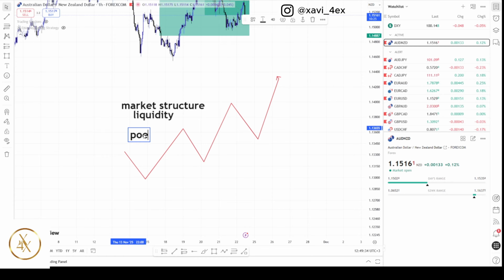point of entry. Some people call it point of interest, but it's just a point of interest before you find a point of entry. And lastly, you need to have a protected stop.